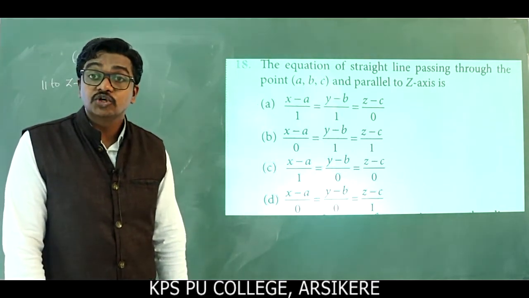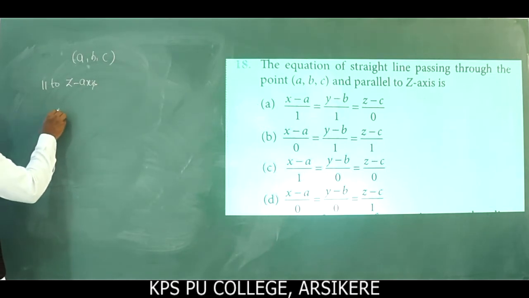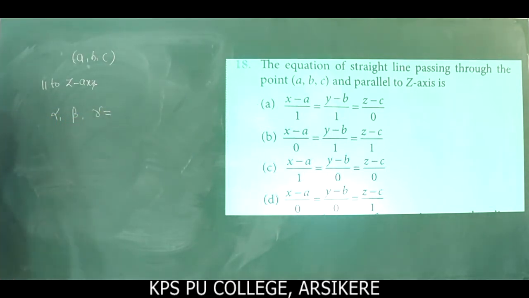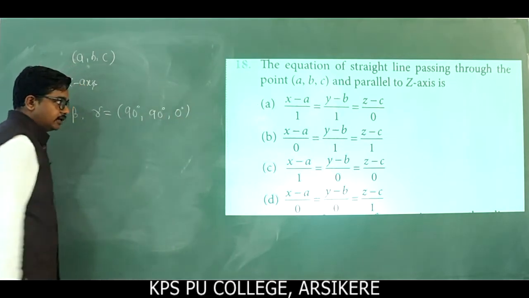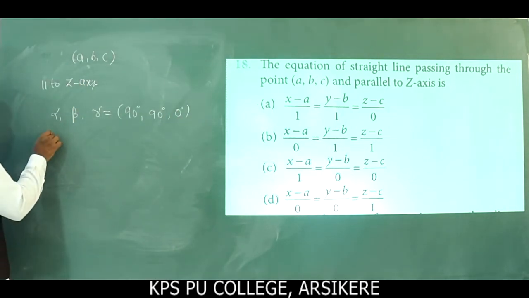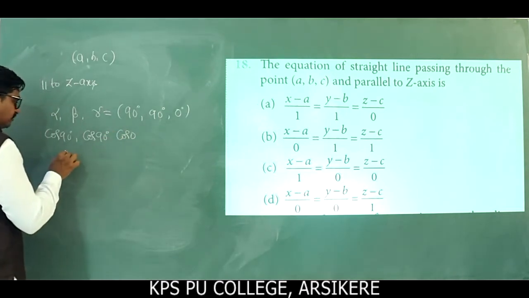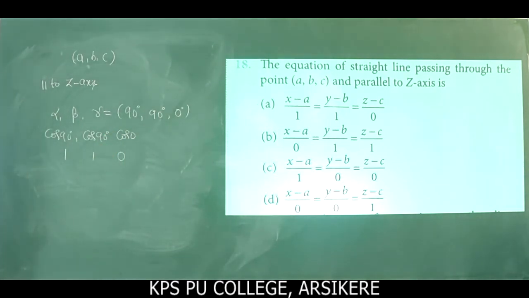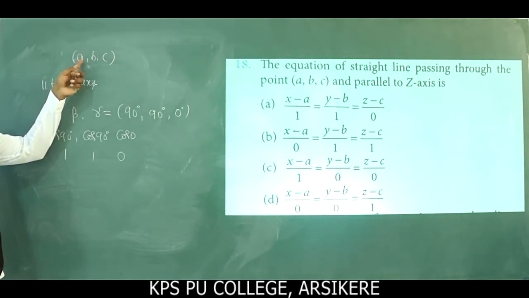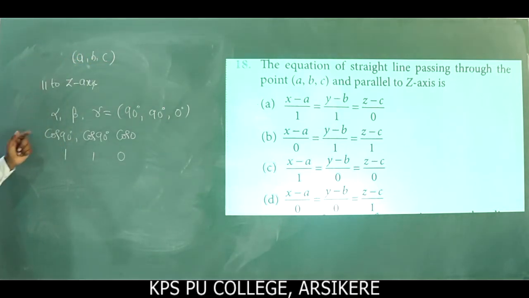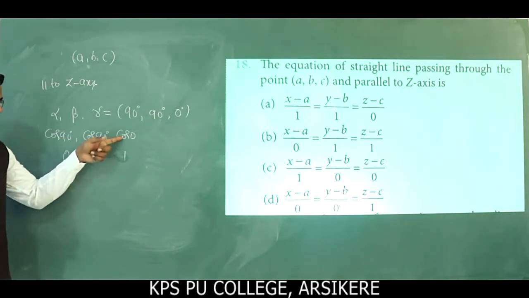First we have to find the direction cosines of the z axis. The angles alpha, beta, gamma become 90 degrees, 90 degrees and 0 degrees, right? So if you apply cos, here cos of 90 degrees is 0, cos of 90 degrees is 0, and cos of 0 is 1.